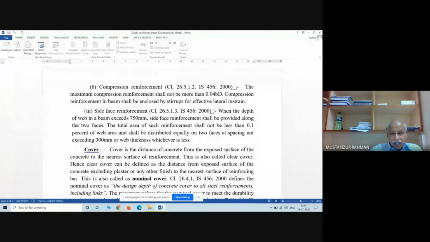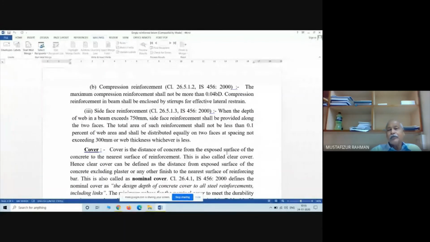If the depth of the beam goes beyond some value, there is a probability of lateral bulging out of the concrete. Whatever stirrups are provided may not be able to prevent the lateral bulging out of the concrete.